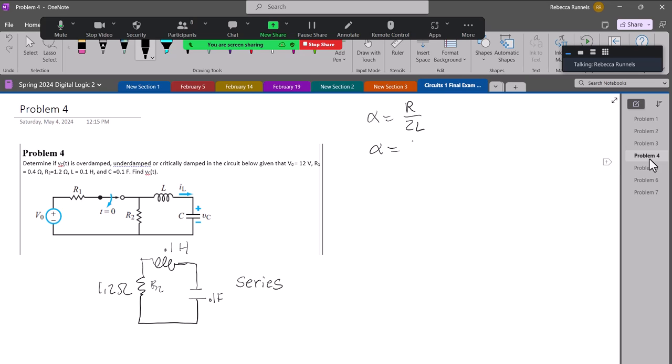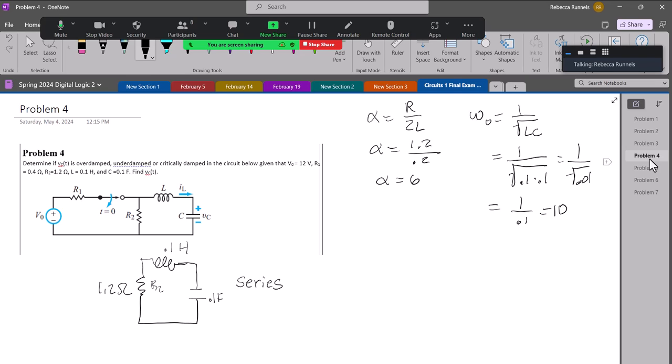And R is 1.2, and 2L is 0.2, and so that gets me alpha equals 6. And omega naught is always 1 over the square root of LC. So that's 1 over the square root of 0.1 times 0.1, which is 1 over the square root of 0.01, which is 1 over 0.1, which is 10. So that gives us that alpha is less than omega naught, and that tells us that we are underdamped.